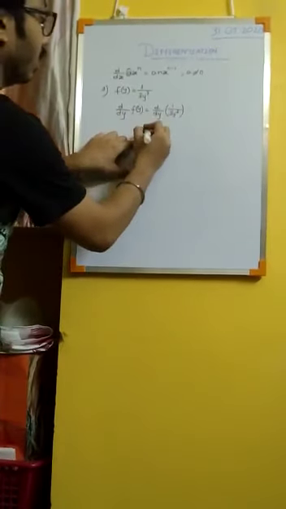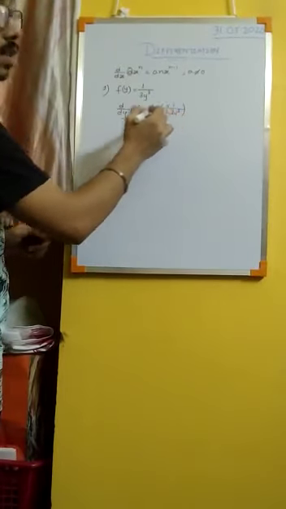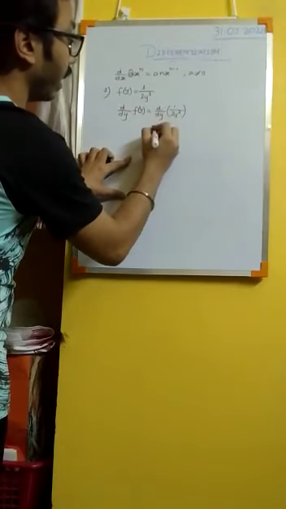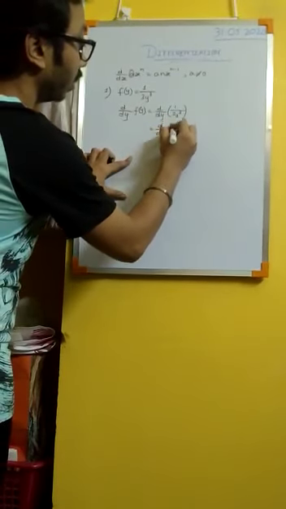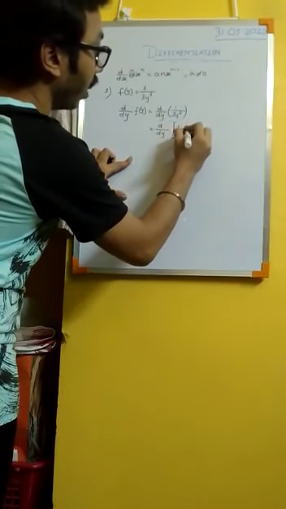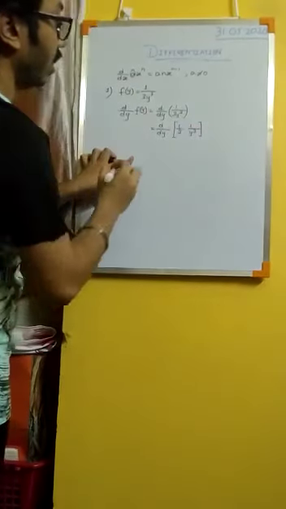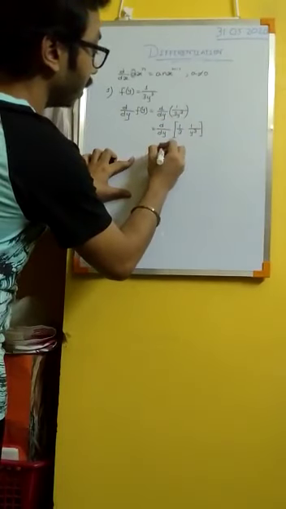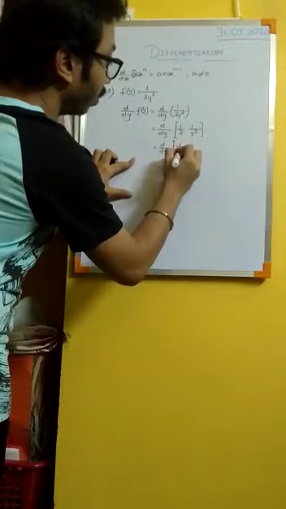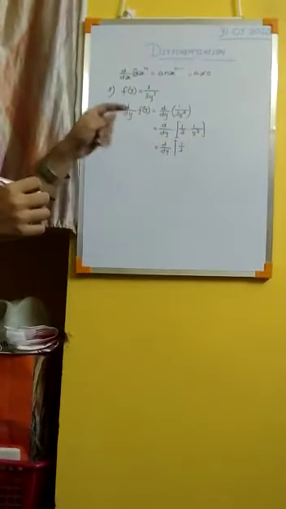Now look at this formula. The constant we have is 1 by 3. For simplicity, we will write d/dy of 1 by 3 into 1 by y to the power 3.